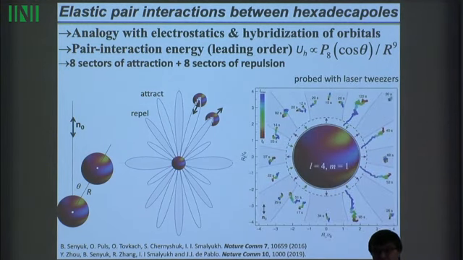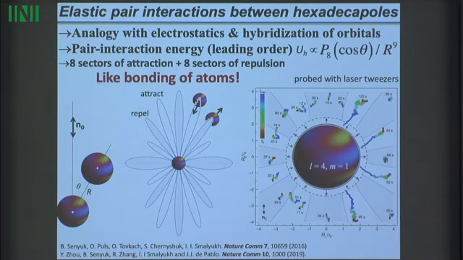You take laser tweezers, you hold 2 such particles, and indeed you can see that particles attract and repel in these corresponding 8 different sectors, as shown here with the color-coded trajectories of the 2 particles as they interact when we release them from laser tweezers.